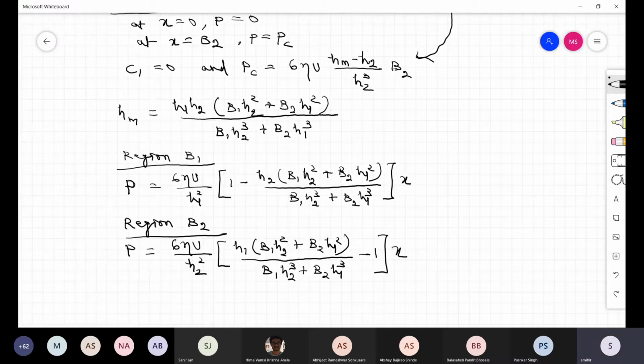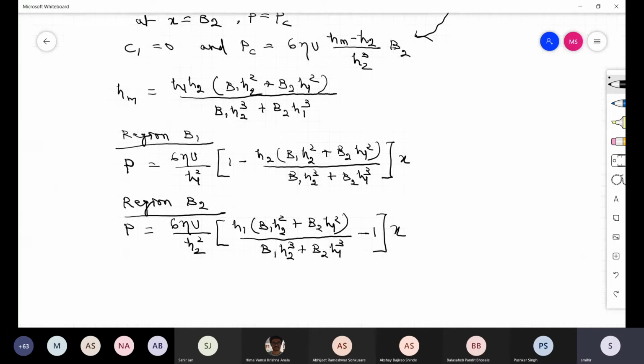Okay, so these are the two pressure equations you will get over region B1 and B2.